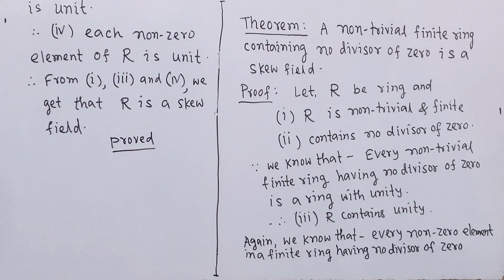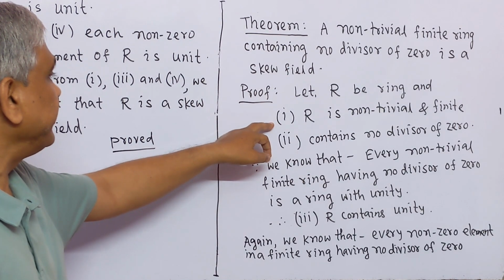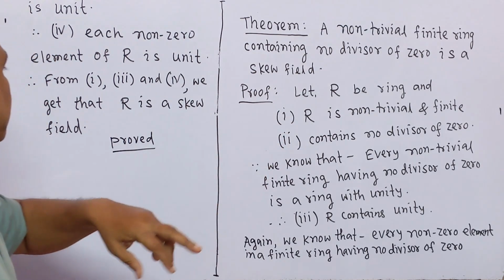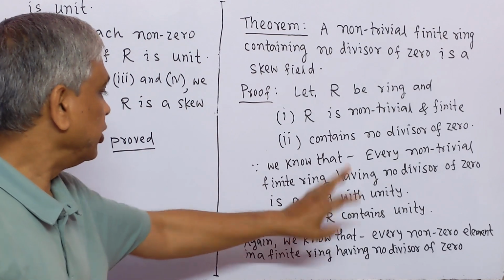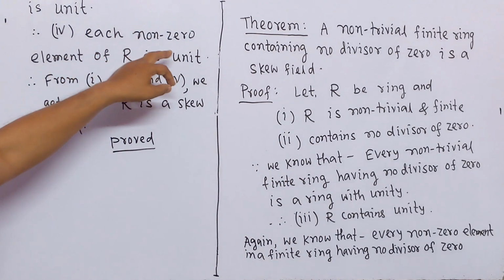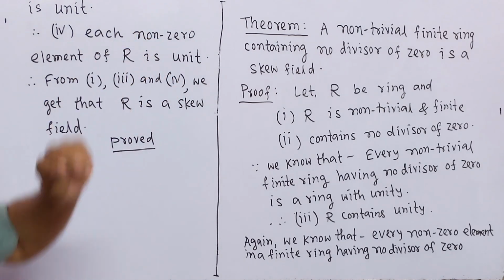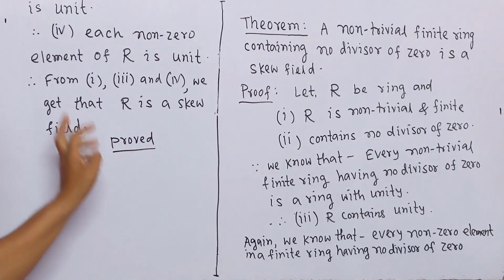This is number 4. Therefore, from 1, R is a non-trivial finite ring. Number 3, R contains unity. Number 4, each non-zero element of R is a unit. Then R is a skew field. Proved.